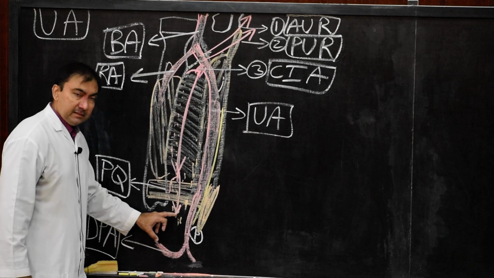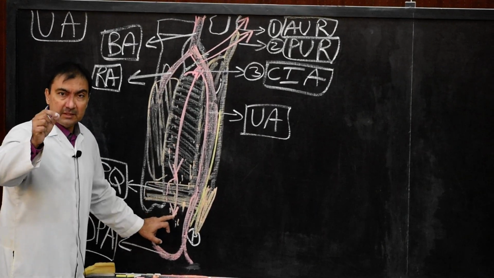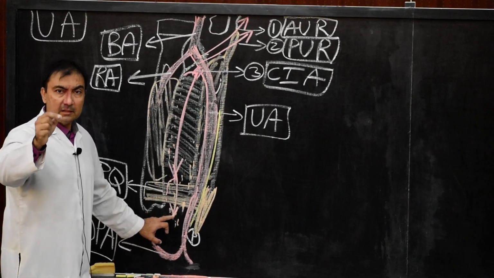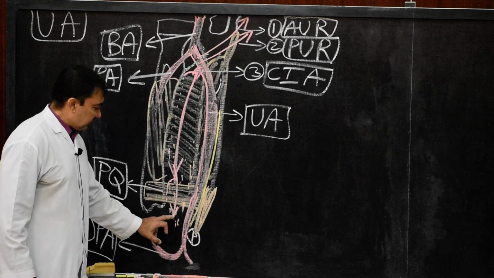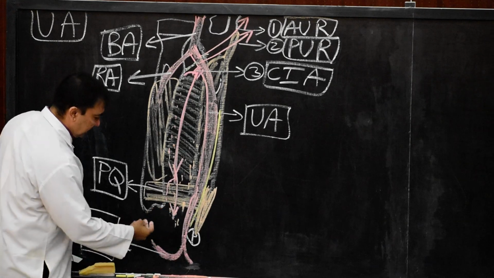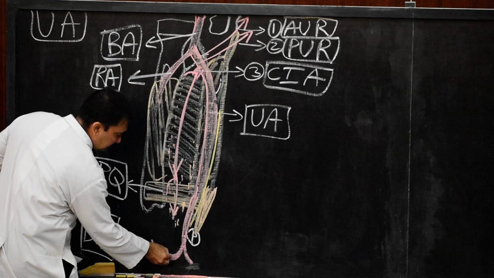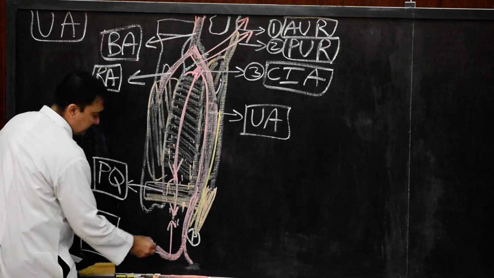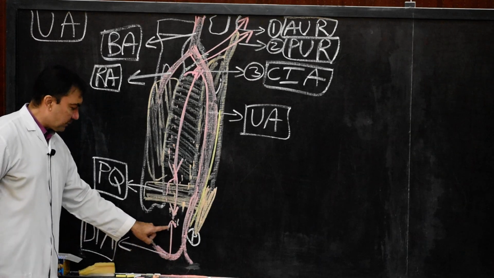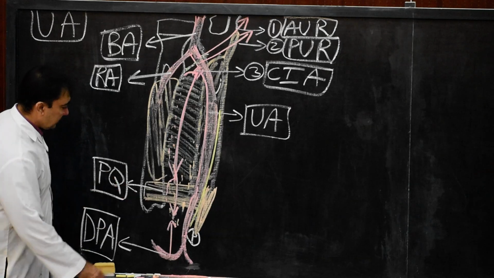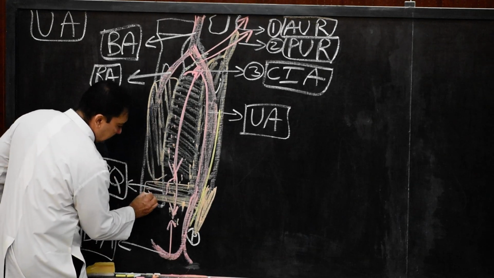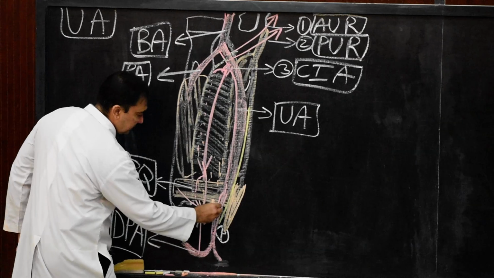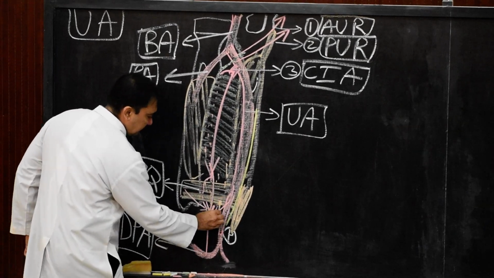And here it will form the anterior carpal arch or palmar carpal arch, because here it is going to receive a branch coming from the deep palmar arch, a recurrent branch from the deep palmar arch. Similarly it will receive one branch coming from the radial artery and another branch coming from the ulnar artery.